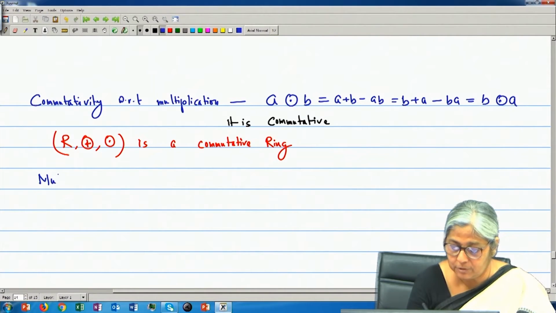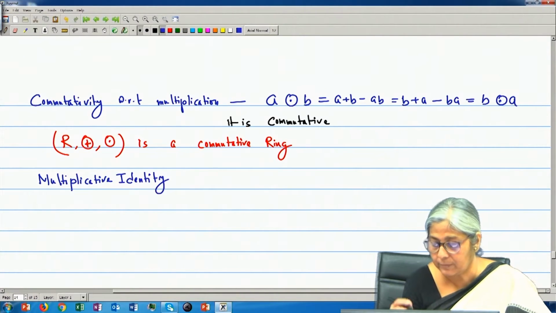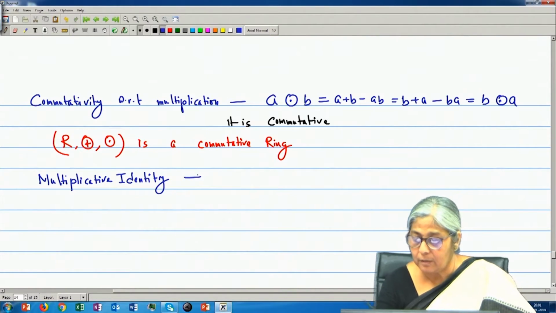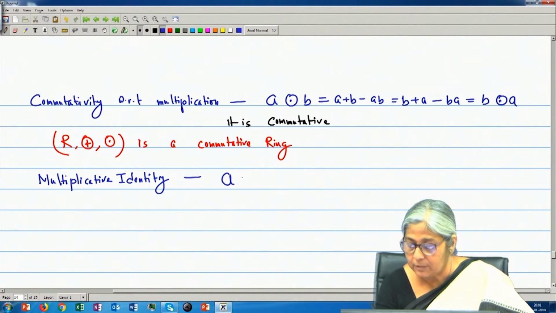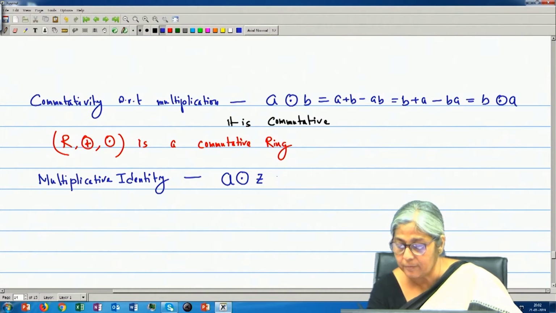Now, we see the multiplicative identity, we check whether it exists or not. That means, I have some z such that a star z equal to a, if that type z exists.